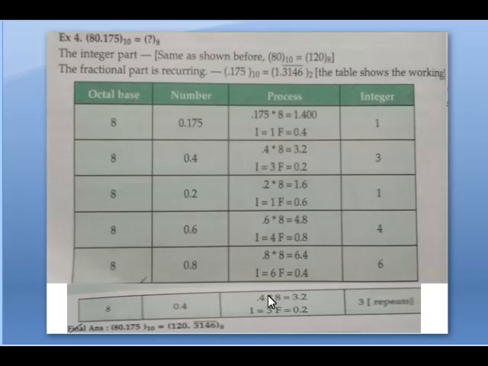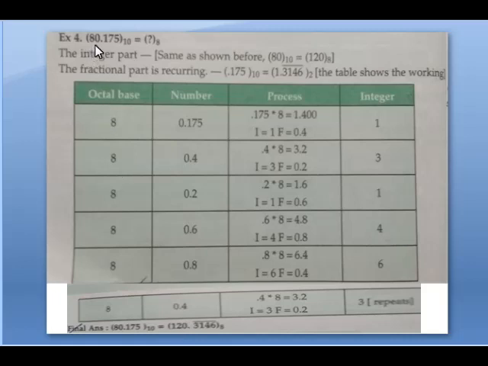What we have to do is write the integers from top to bottom, and put a dot. So the answer is 120, the octal equivalent of 80, and 1 3, yeah, 1 is missing.